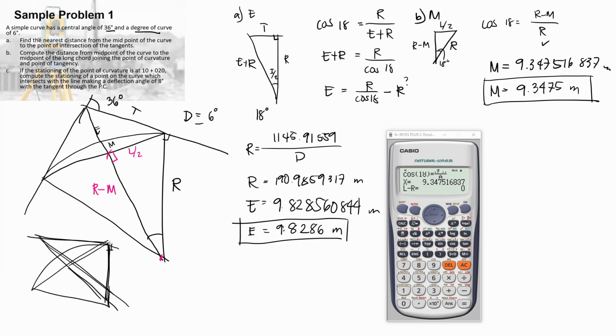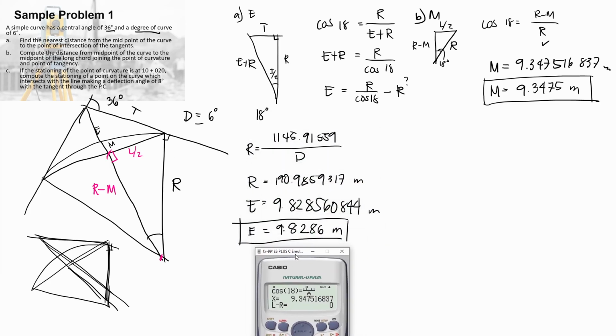And then lastly is yung specific station using the specific deflection angle. So letter C is stationing.